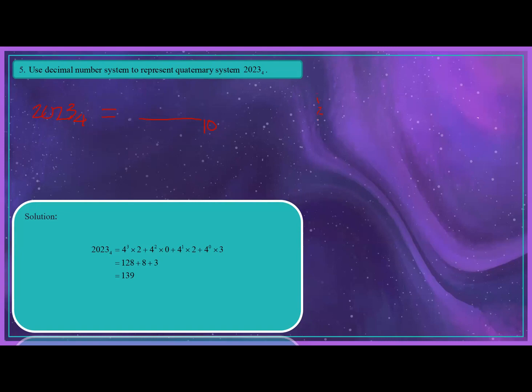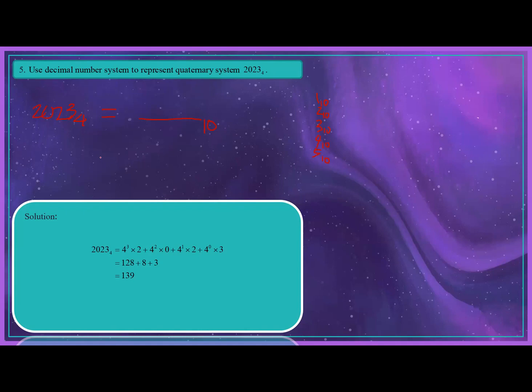Example, we have 1, 2, 3, 4, 5. Basically, this is base 10. So we don't need to put 10 there. Okay, so it's a convention already. So we don't need to put base 10 on every number if we use the decimal number system. Okay. So, but in other number systems, so here we have the quaternary system.